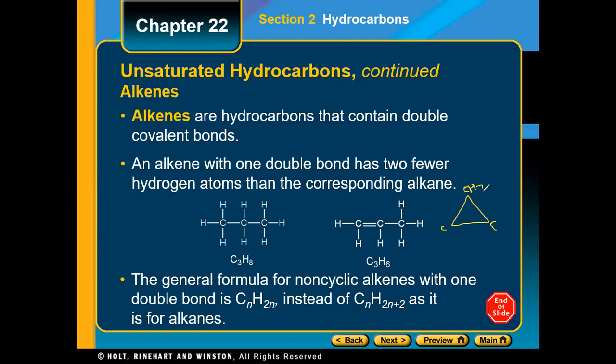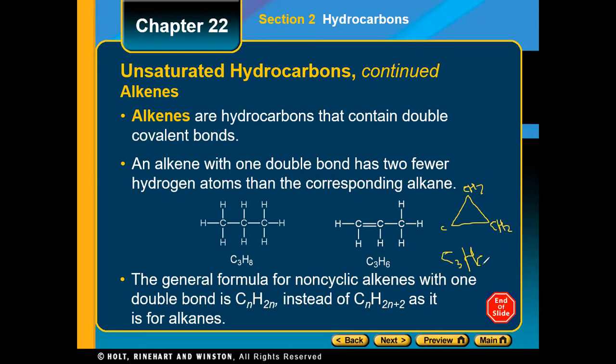And if I do the same thing in all three of them, how many hydrogens in total will I have? Six. Six, that's correct. So let me tell you something. This formula would be C3H6, but this is not a propene, it's a cyclopropane.